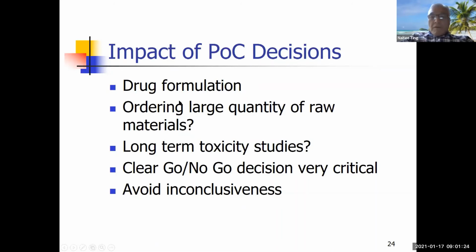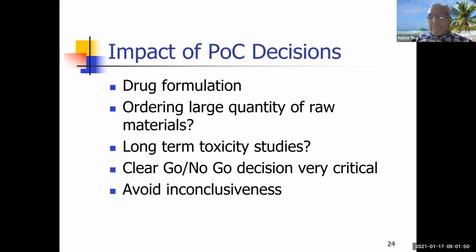Now, the first phase II study has to be a proof of concept study, because before proof of concept, you don't have to do a lot of formulation and develop different kinds of pills or capsules.